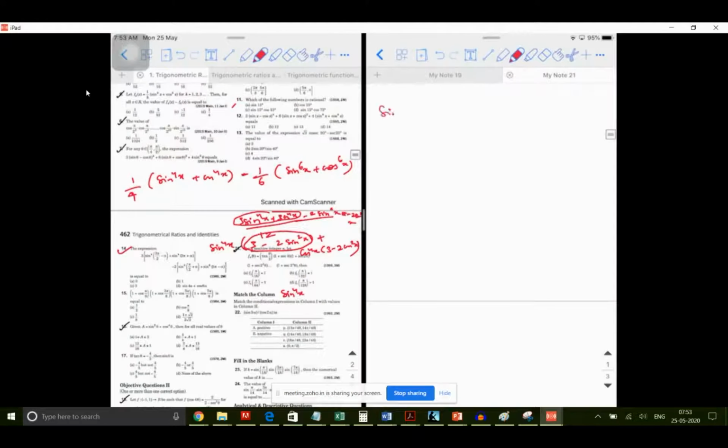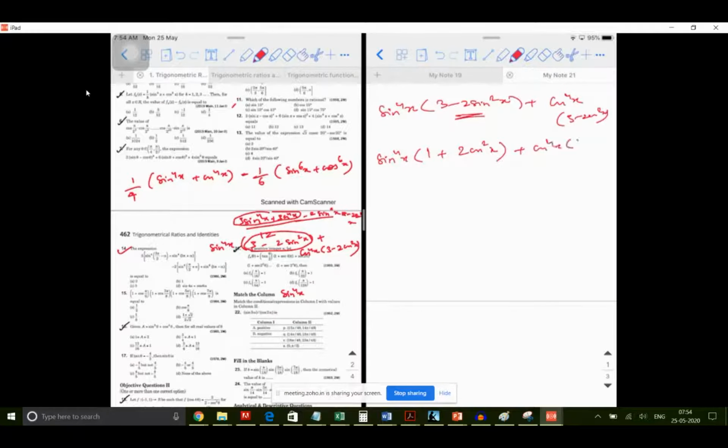So you will have sine power 4x into 3 minus 2 sine square x plus cos power 4x into 3 minus 2 cos square x. This is what I have. You wanted to write sine square x as 1 minus cos square x, correct? So if you write it like that, then 3 minus 2 will become 1 plus 2 cos square x. This is what you will get.